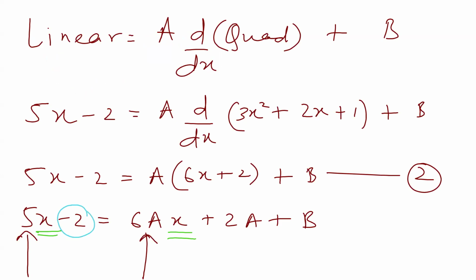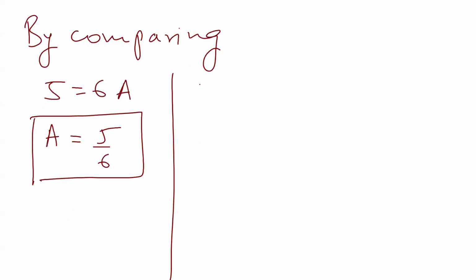Minus 2 on the left, and on the right, 2a plus b. So compare the non-x terms: minus 2 is equal to 2a plus b.